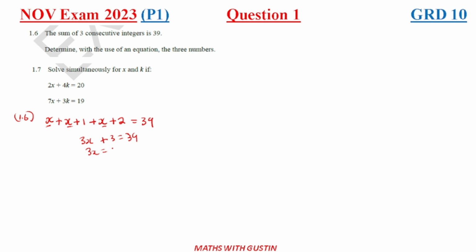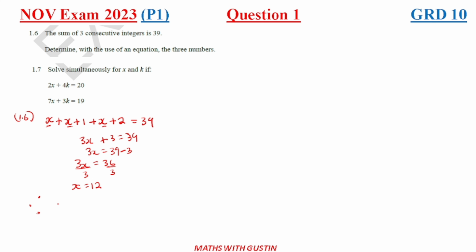Then you can take the 3 to that side. 3x is equal to 39 minus 3, which is going to give us 36. Therefore you divide by 3, so x will have to be equal to 12. If x is 12, then what are the rest of the numbers?